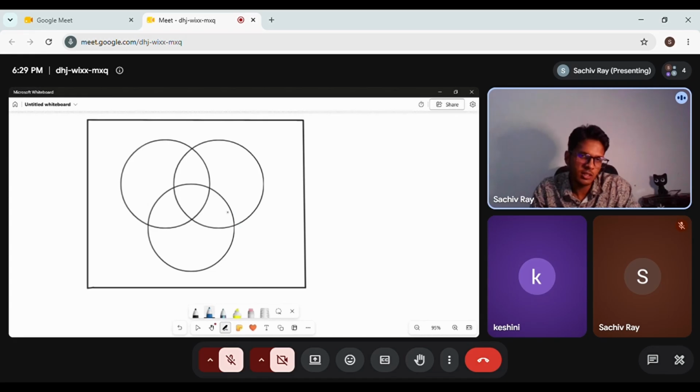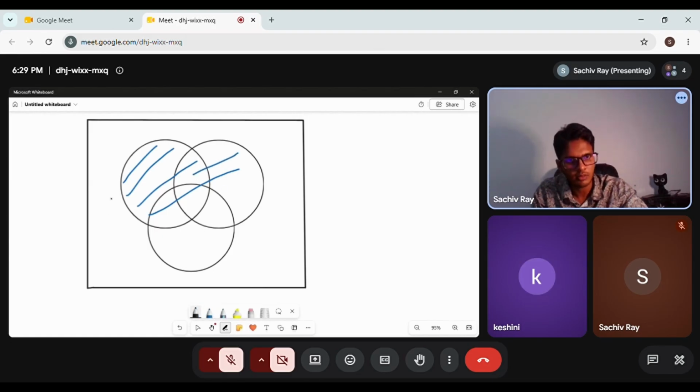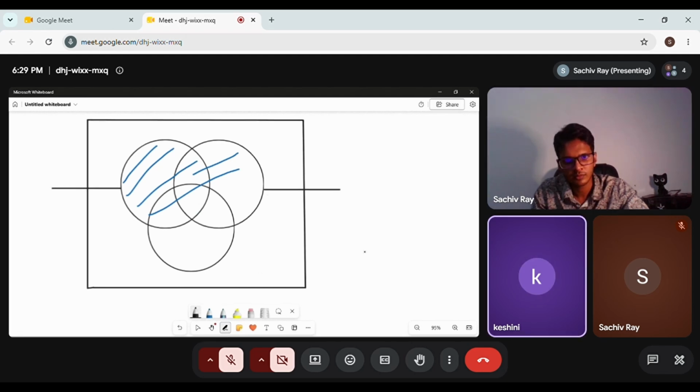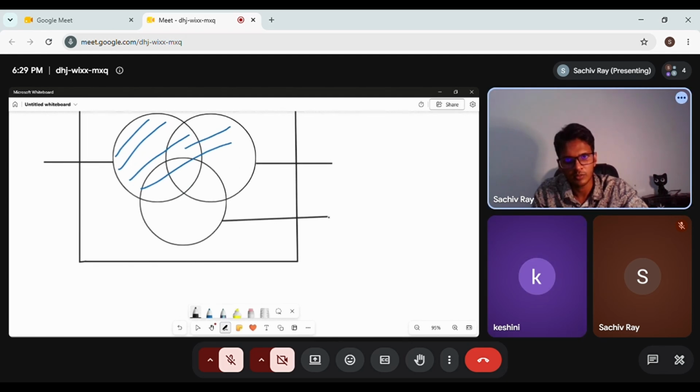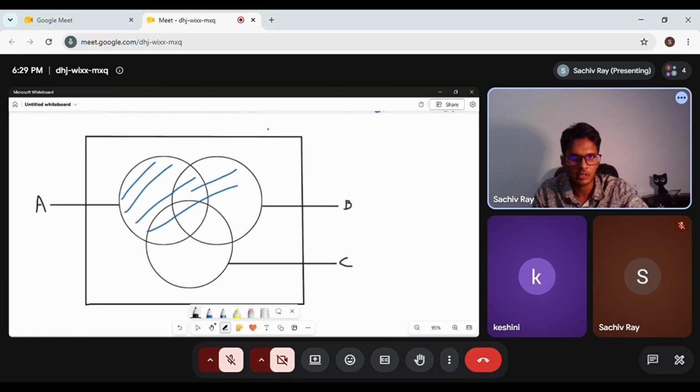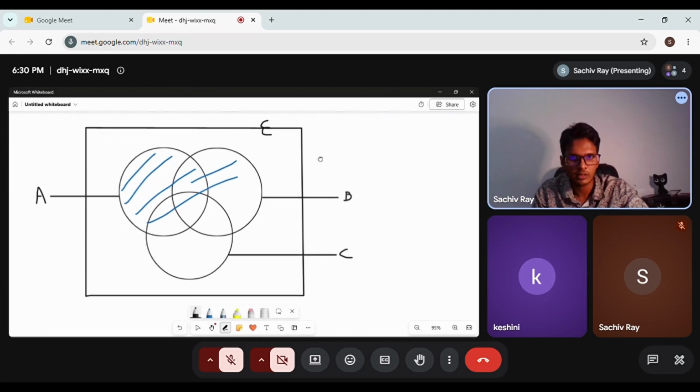Let's say I colored all of the circles. We have to give names for the sets. Name them A, B, and C. And you also have to mark the universal set.